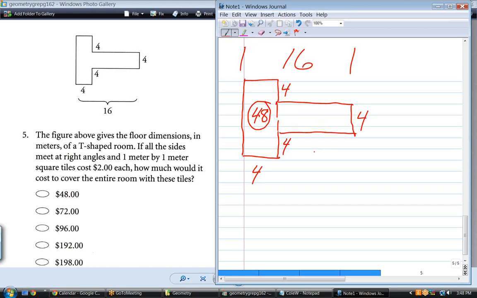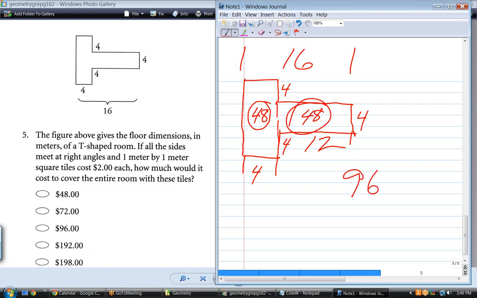Well, it's 16 from here to here, and it's 4 from here to here. So what is it from here to here? 12. So that's also 12 by 4. So that's another 48. So how many total square meters do we have?